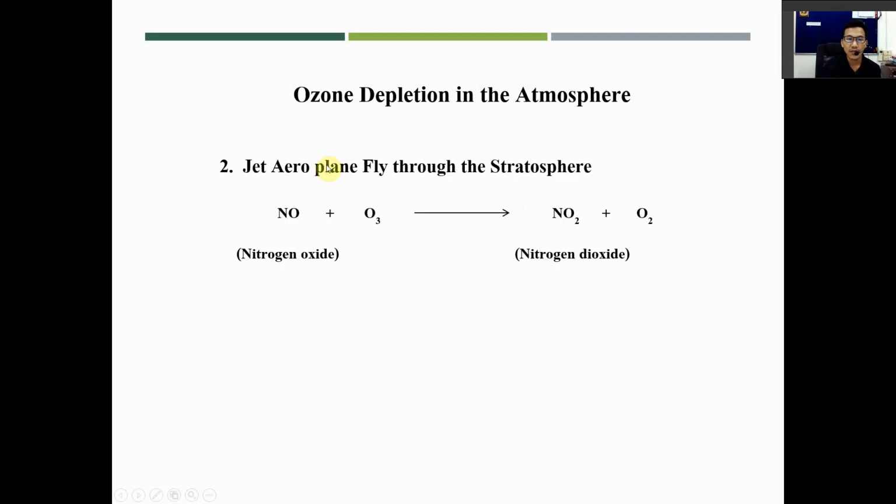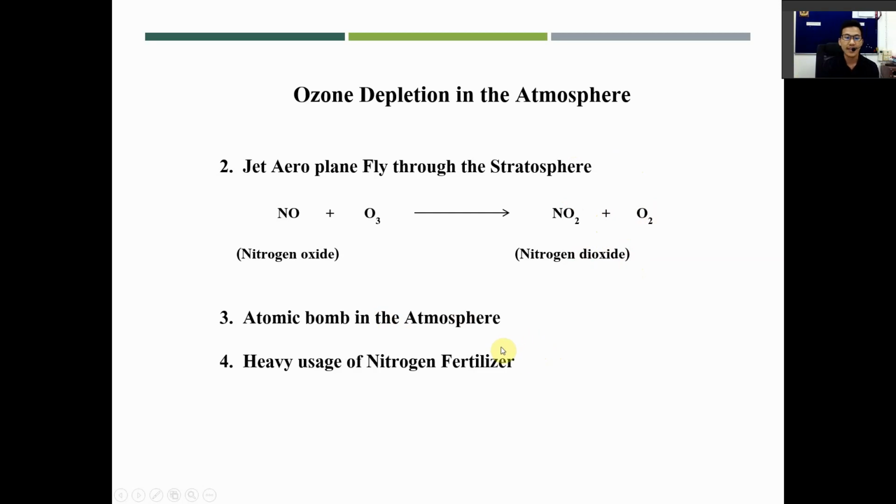Okay. The second one is jet aeroplanes flying through the stratosphere. This can produce nitrogen oxide that can break down the ozone as well, and eventually you will have nitrogen dioxide. This gas can create nitric or nitrous acid, which is part of the acid rain that we will cover a little bit later. Atomic bombs in the atmosphere, of course.